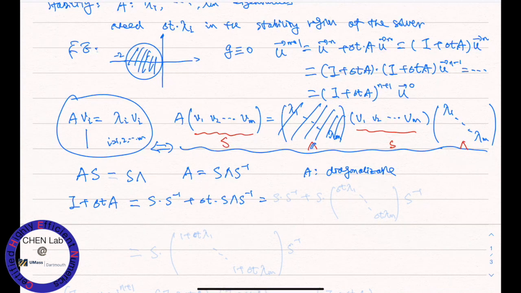Delta T is simply a scalar, so this is S times S inverse plus S times our delta T lambda 1 all the way to delta T lambda m, times S inverse. So what is that? That's just S times, you have a 1 from the first term, so it's 1 plus delta T lambda 1, all the way to 1 plus delta T lambda m, this whole thing times S inverse.